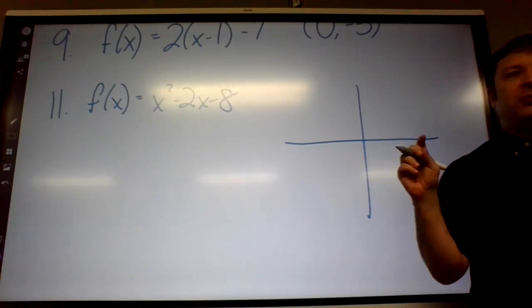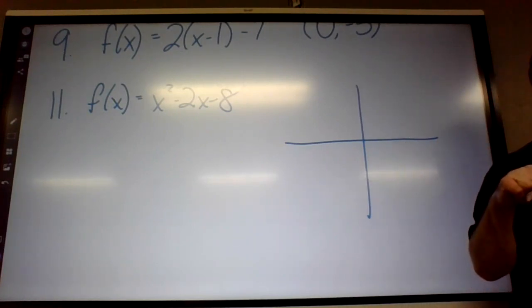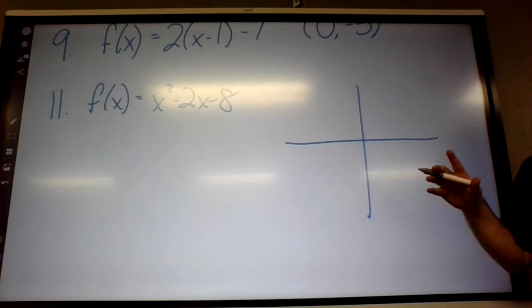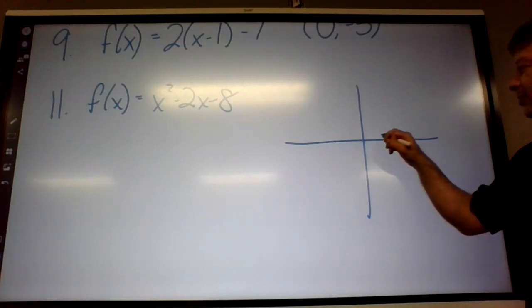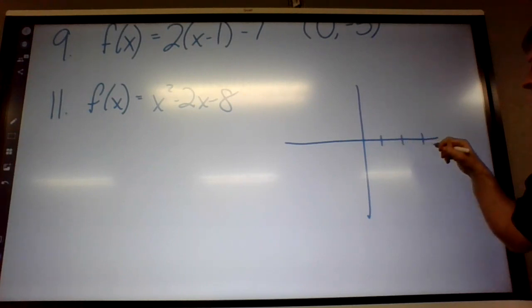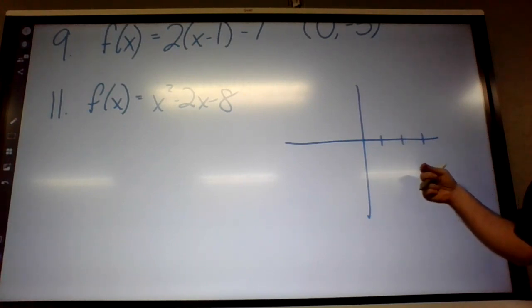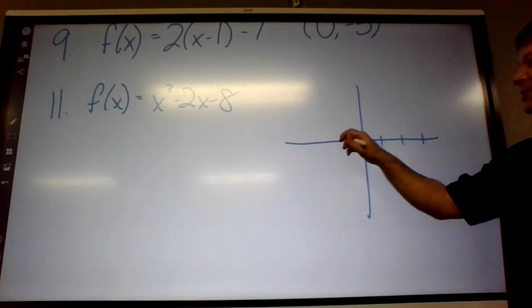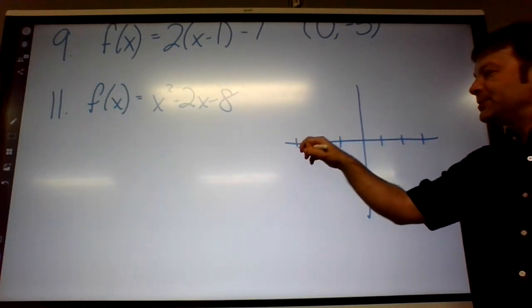On 1 through 10, we were doing y-intercepts, right? So the zeros of the function are the x values that make the function equal 0. Or in other words, it's the x-intercepts.